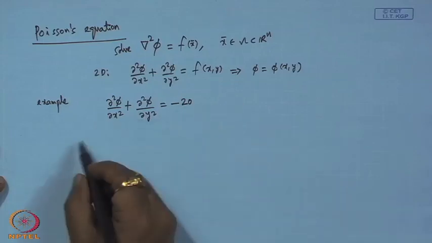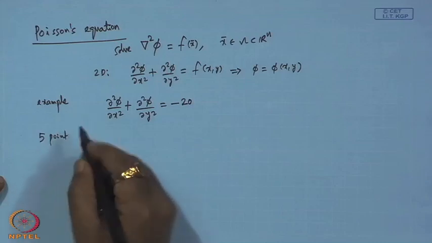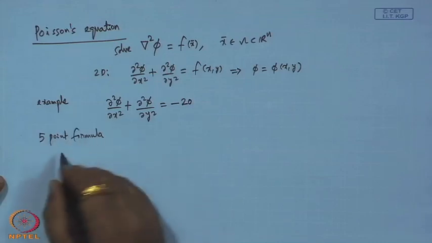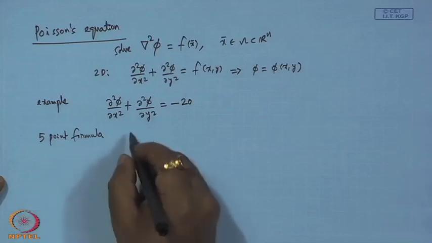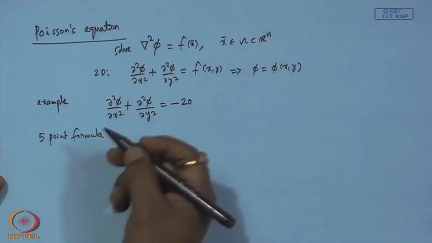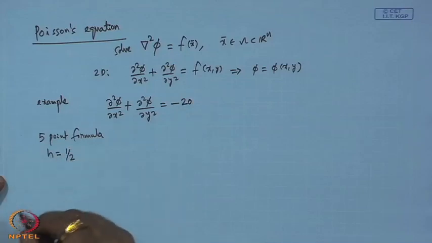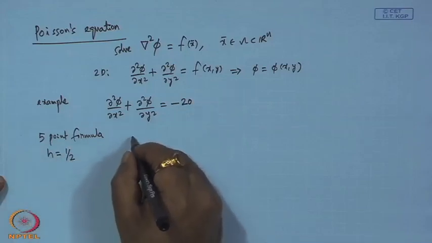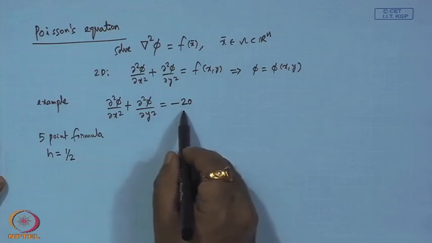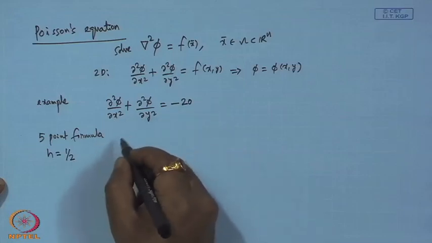So, now if we go for 5-point formula, okay, if we go for 5-point formula, we get, say, with h equals half, 1 over h square. So, h square will not get cancelled, okay. Maybe I will discretize, then you understand.